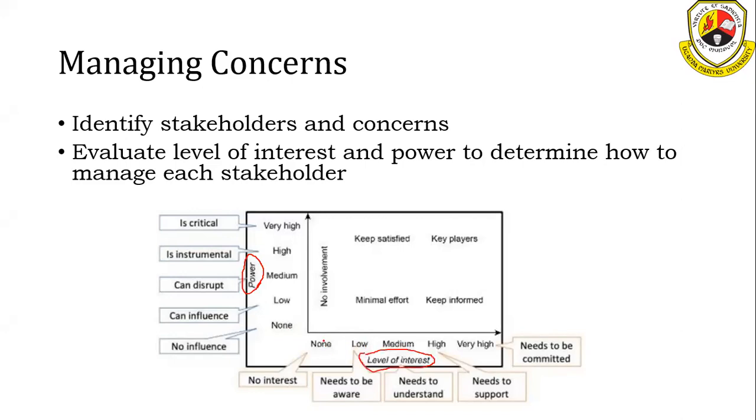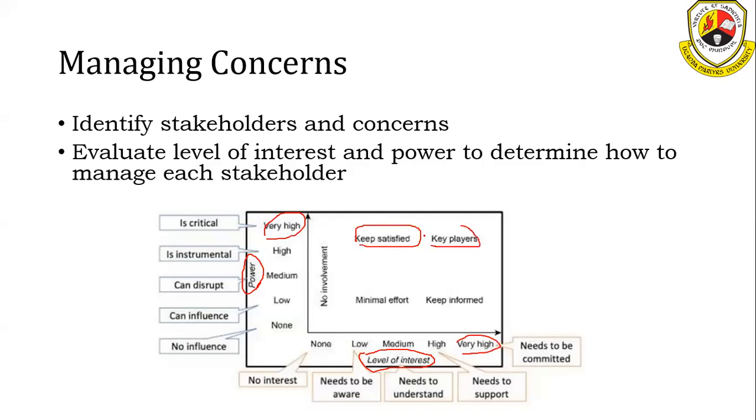The lower the interest and the lower the power, the less influence or interest the person will have in a system. The higher the interest level and the higher the power, then it is extremely important to keep these stakeholders satisfied.